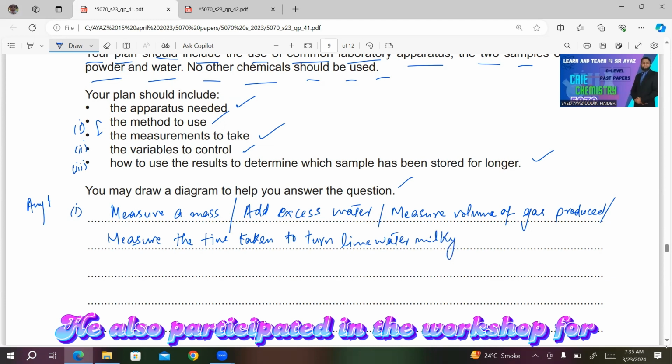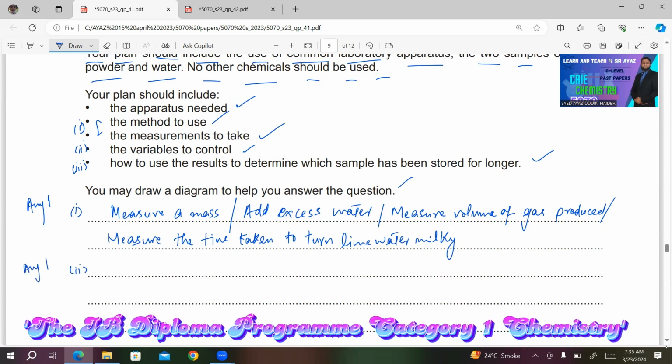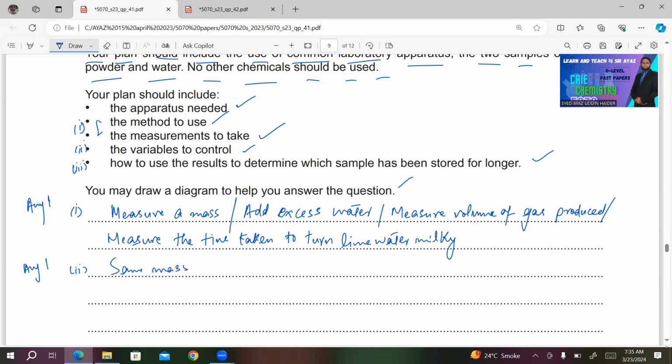For number 2, again, any one from these. So you must have same mass of samples, same mass of each sample. You can even write amount.